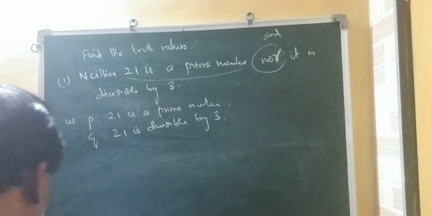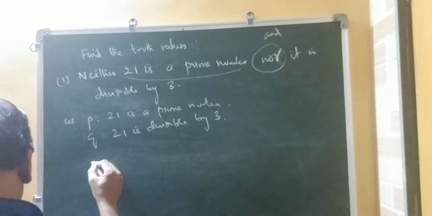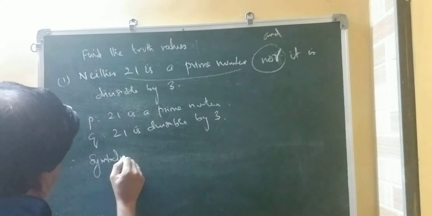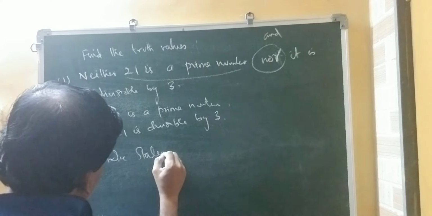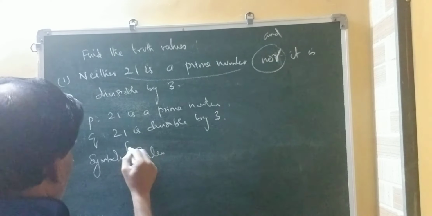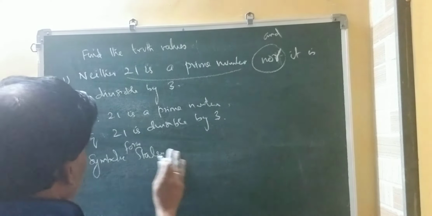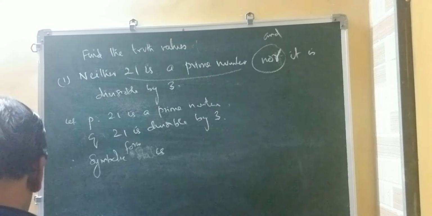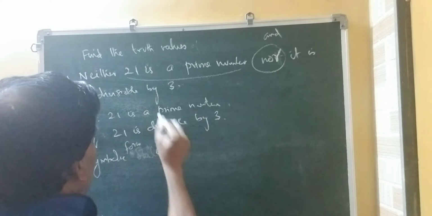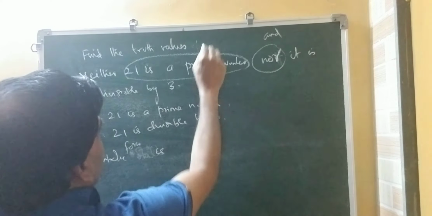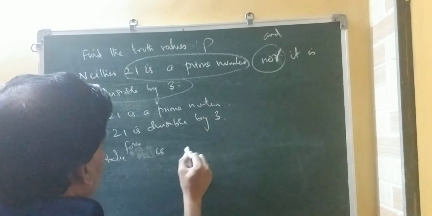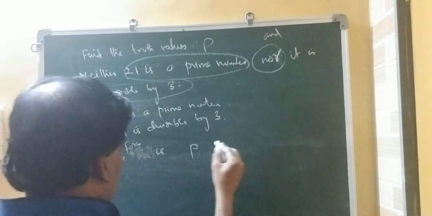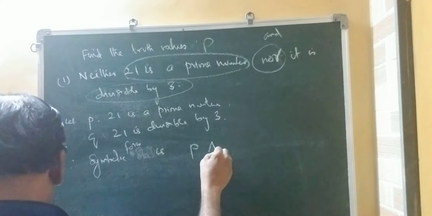Now first of all we will write the symbolic form. 21 is a prime number, so this is P. It is Q. So P, nor means and.